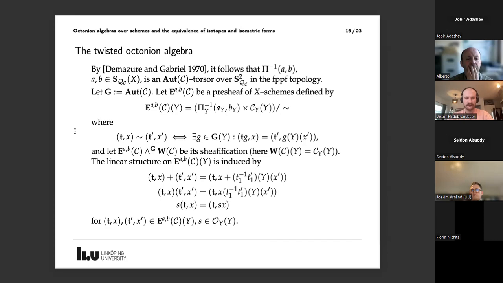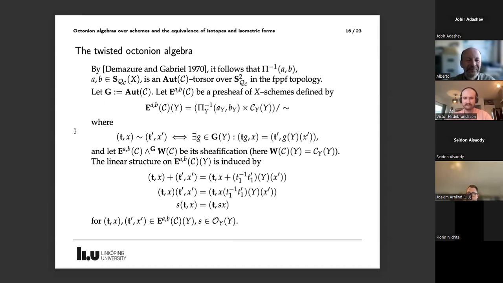And so we denote our automorphism scheme by G. We will do this throughout, but we will also denote it by Aut C. So I will go a bit back and forth if I remember correctly.